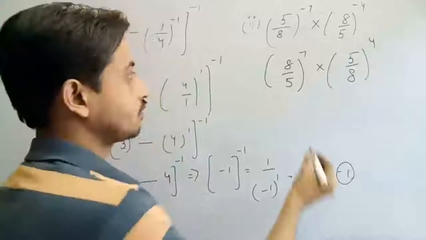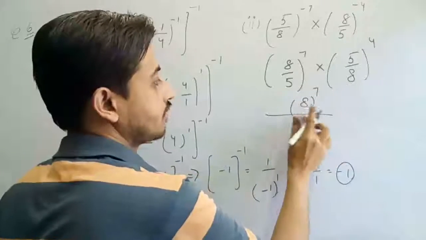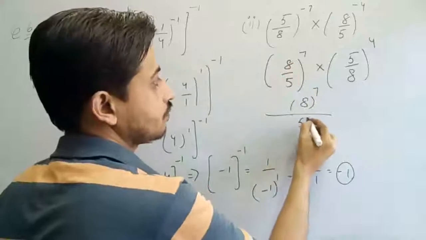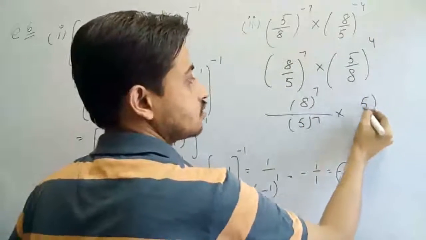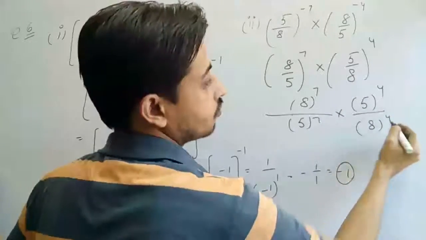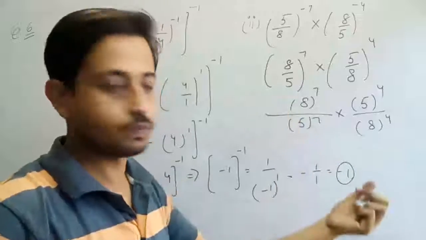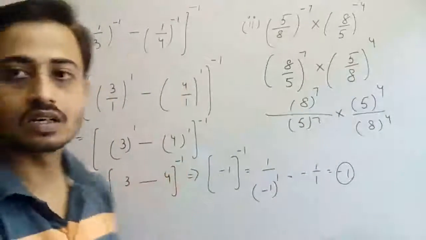Now do separate the power. 8 raised to the power 7 divide 5 raised to the power 7 multiply, same here, 5 raised to the power 4 and 8 raised to the power 4. Before we further solve, please make a note first, because I am going to rub such question.